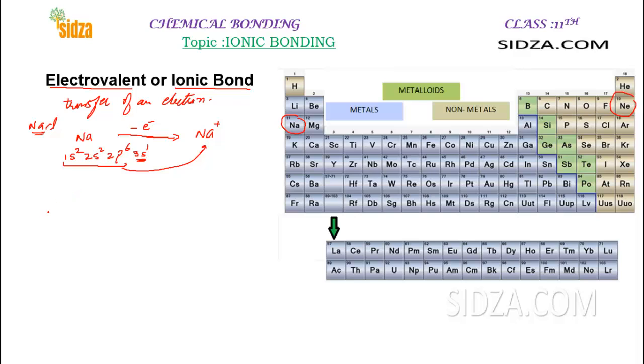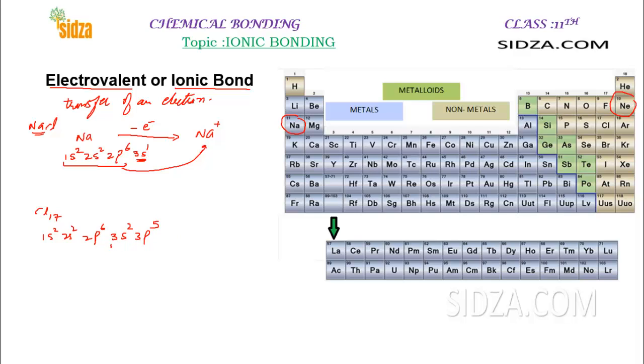Why? Because chlorine has an atomic number of 17 and its electronic configuration is 1s2, 2s2, 2p6, 3s2, and 3p5.